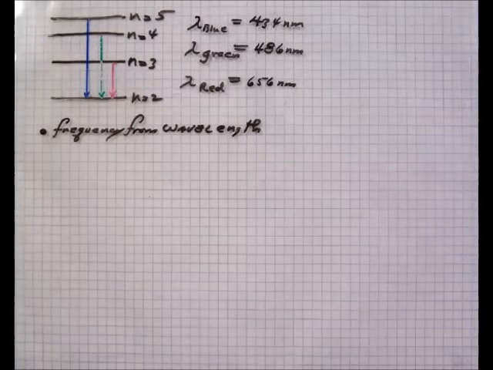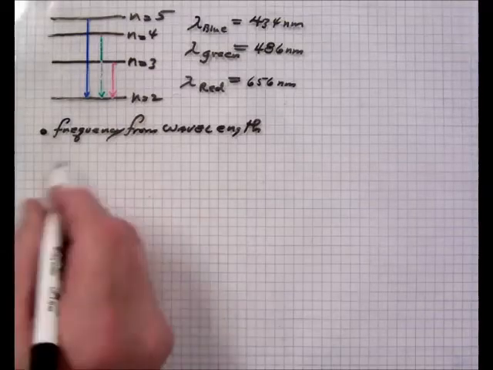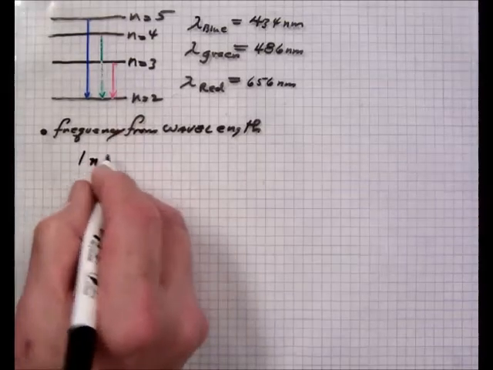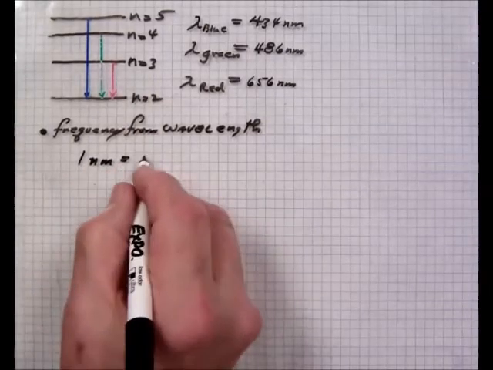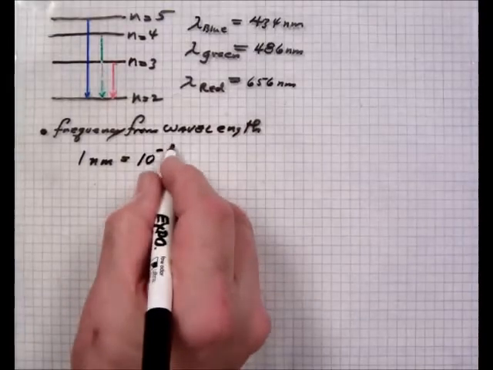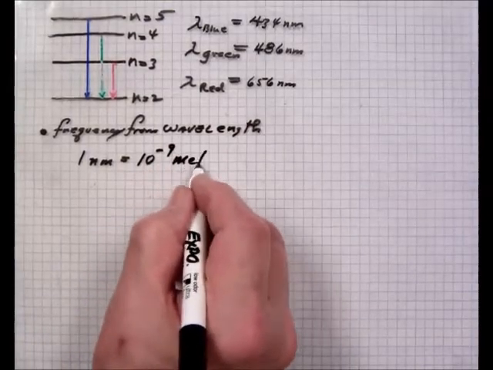Now, when you work at the atomic level, measurements are going to be things like nanometers and angstroms. So one of the things you need to be able to do is convert from nanometers to meters and back and forth. 1 nanometer is 10 to the minus 9th of a meter.